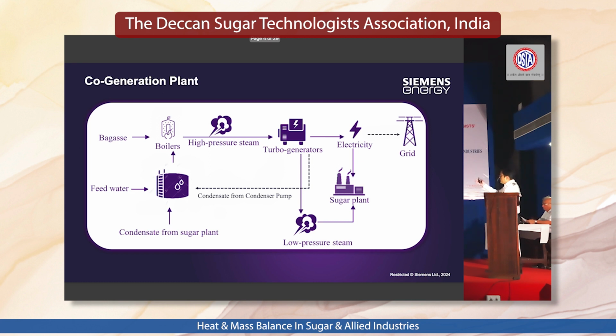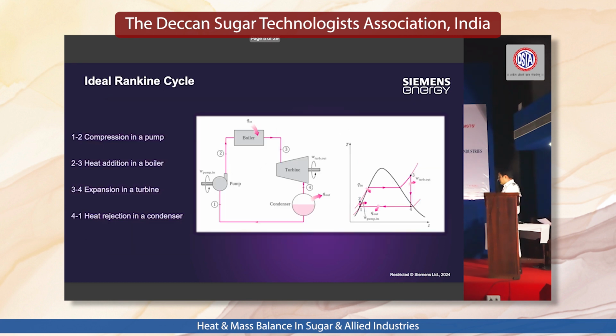The major part of this electricity will be consumed by the sugar plant itself, and surplus electricity can be exported to the grid as per the agreement of the individual sugar plant. Also, low pressure steam is taken out from the steam turbine, which is again fed to the sugar plant. And if it is a condensing turbine, then there will also be condensate coming from the turbine exhaust, which through a pump goes again to the deaerator or feed water tank, whatever setup is there.